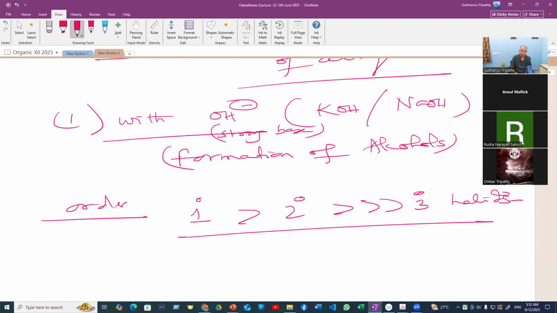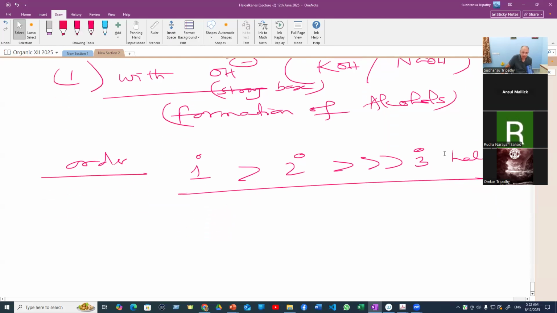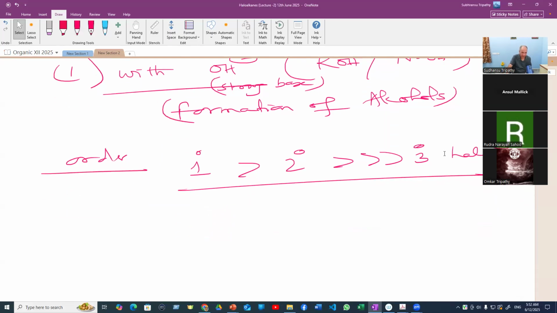But for now, we'll study all the 15 types of nucleophilic displacement reaction. So bear in mind, for any strong base, 1 degree is the first and foremost choice for substitution, and that too SN2.